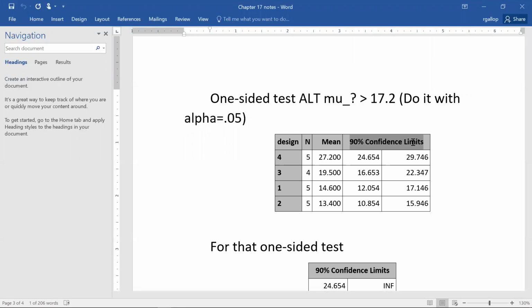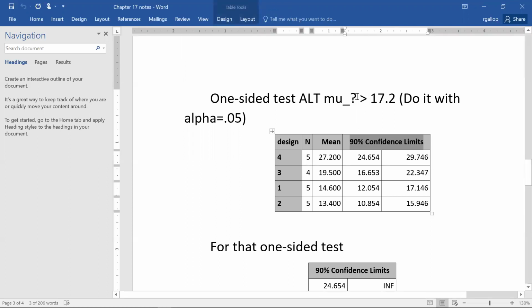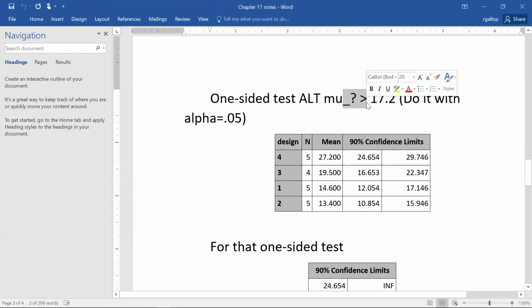And remember, we said, in this case, the infinity you use is in the direction of the alternative. So if the alternative is greater than or equal to, you're using positive infinity as one of the bounds of the confidence interval. If the one-sided test is less than or equal to, if you have the equality in the alternative, the infinity you use there is negative infinity.